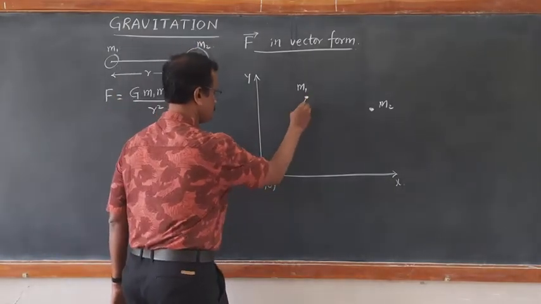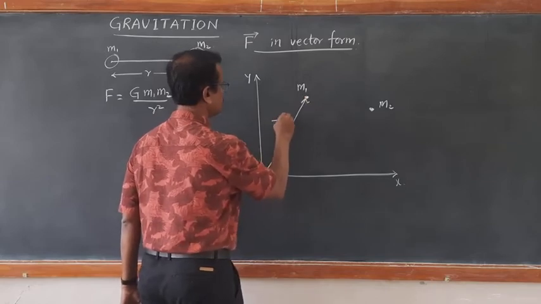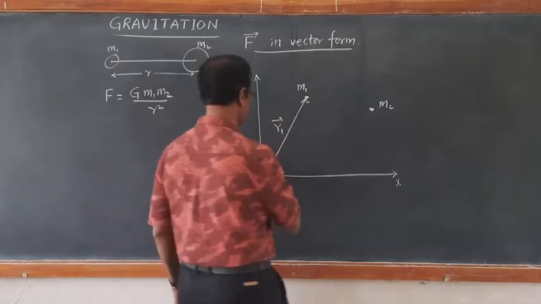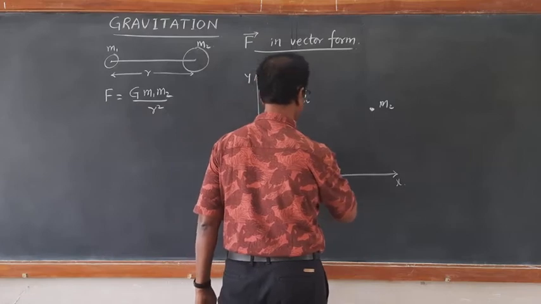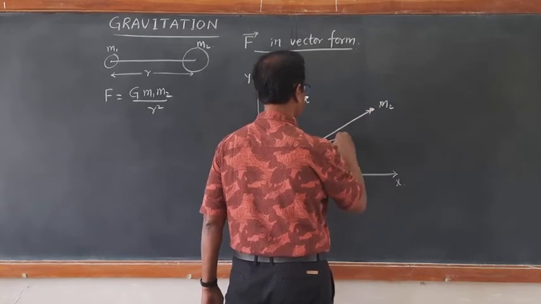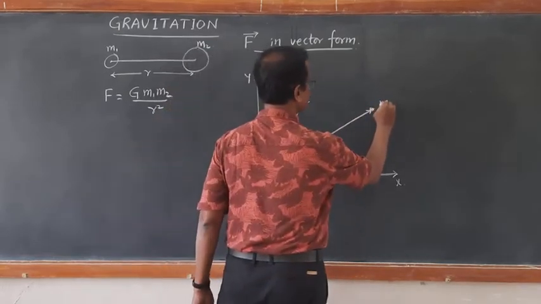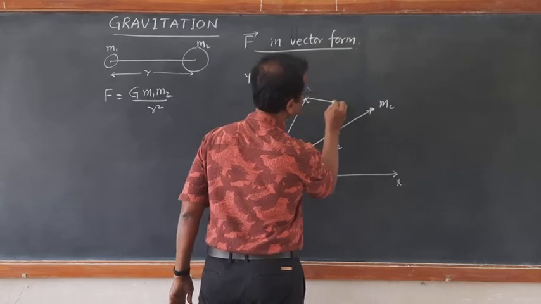So first we will draw the position vectors. m1 is at position vector r1 and m2 is at position vector r2. Now, if you take the distance between these two, that gives us the displacement vector.